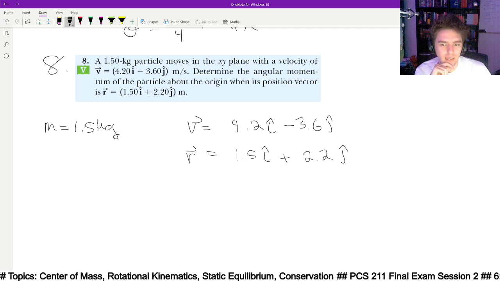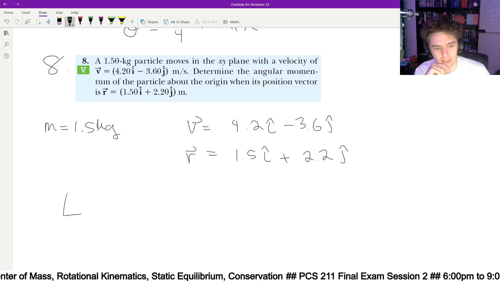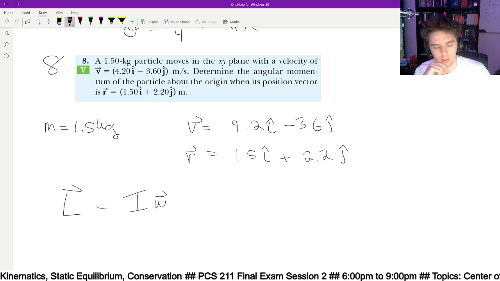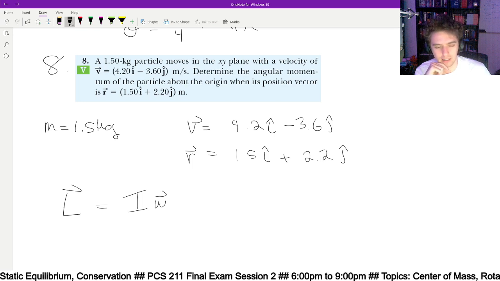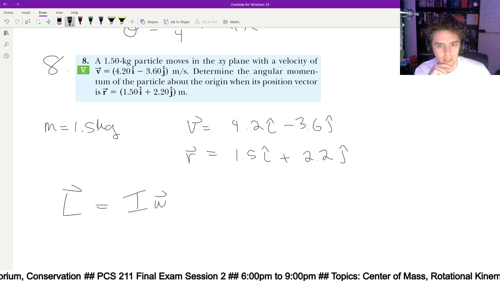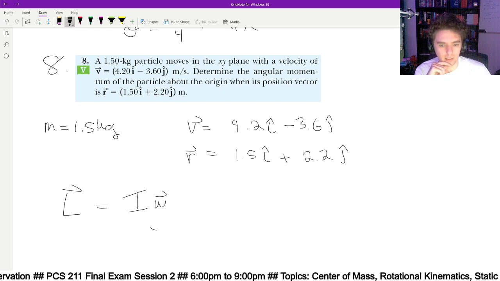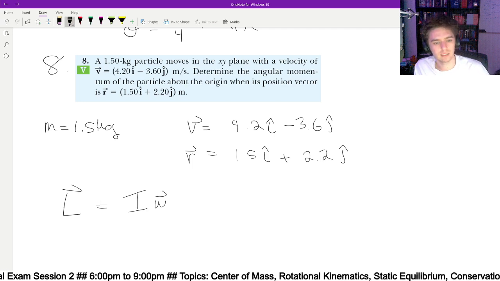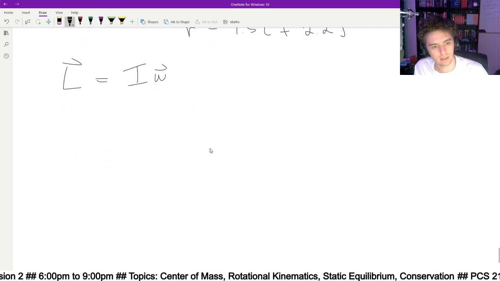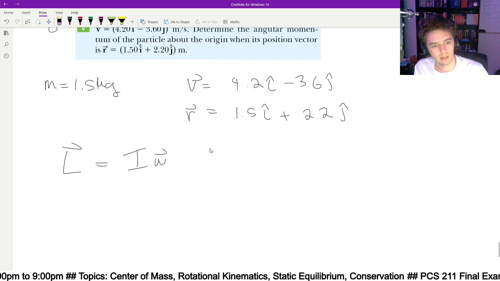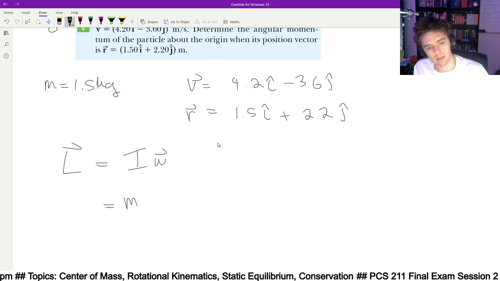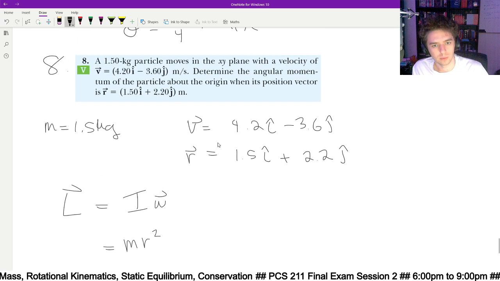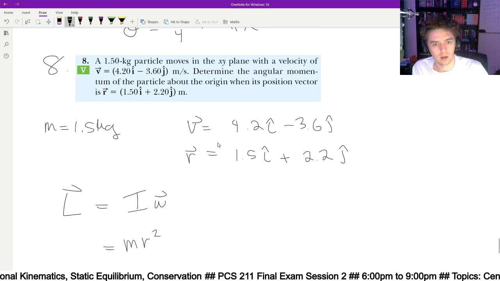And so the angular momentum is the inertia times the angular velocity. That's what the angular momentum is equal to, right? Since this is a point mass, we can say the inertia is m r squared, right? Distance from the origin, because we're saying the inertia around the origin.